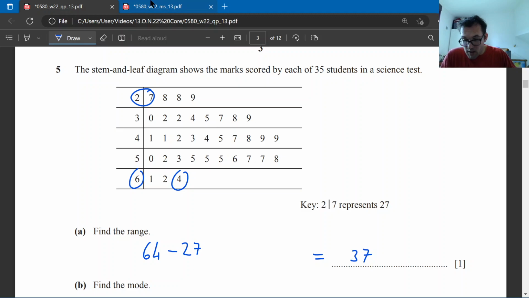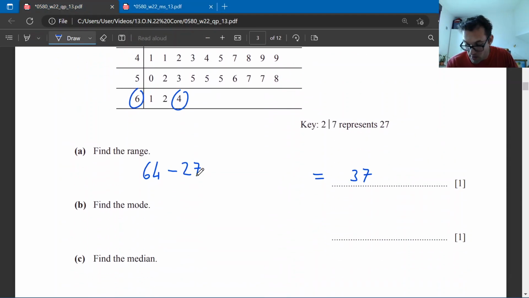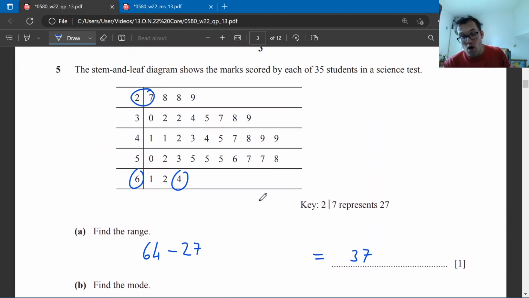Just one mark here, so it's always good to show your working out, but it's not going to count for the mark. Mode is the most common number, in this case the mark most people had. What's important to remember is you're looking for numbers next to each other. For example, you're not going to count all the 8s and see how many there are. You need to find them next to each other. So 2 people got 28. 2 people got 32.